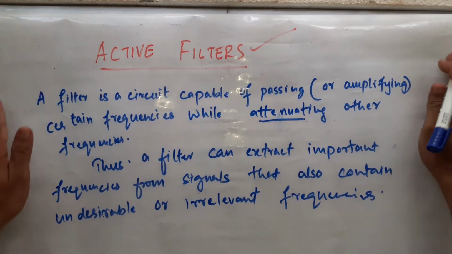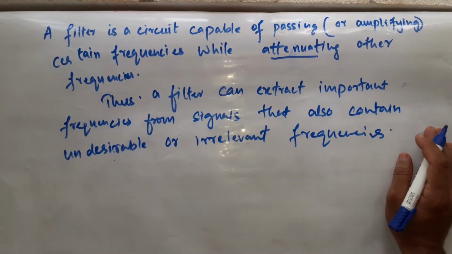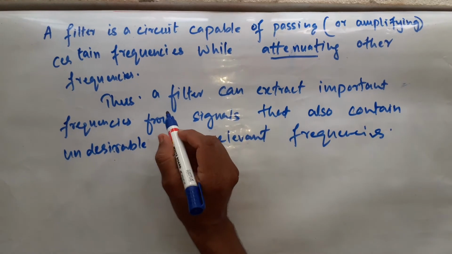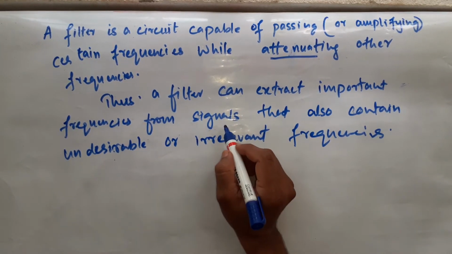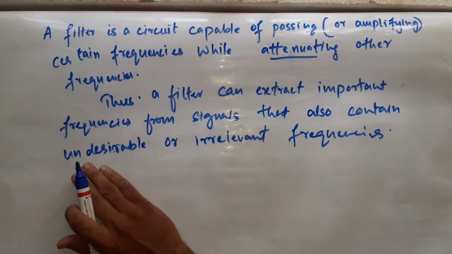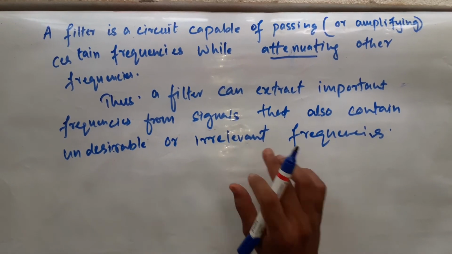Understood? This is a conclusion, that a filter can extract important frequencies out of a signal which also contains something undesirable and an irrelevant frequency part.